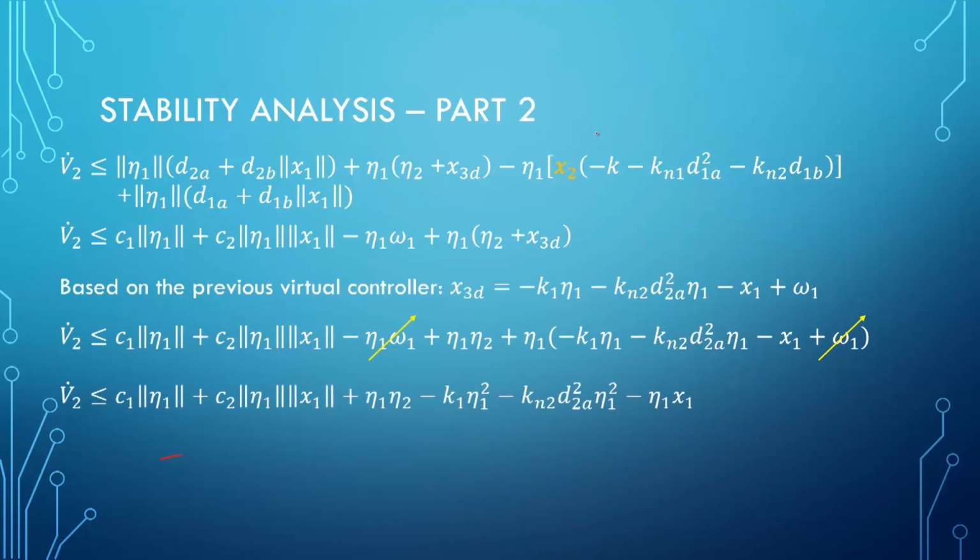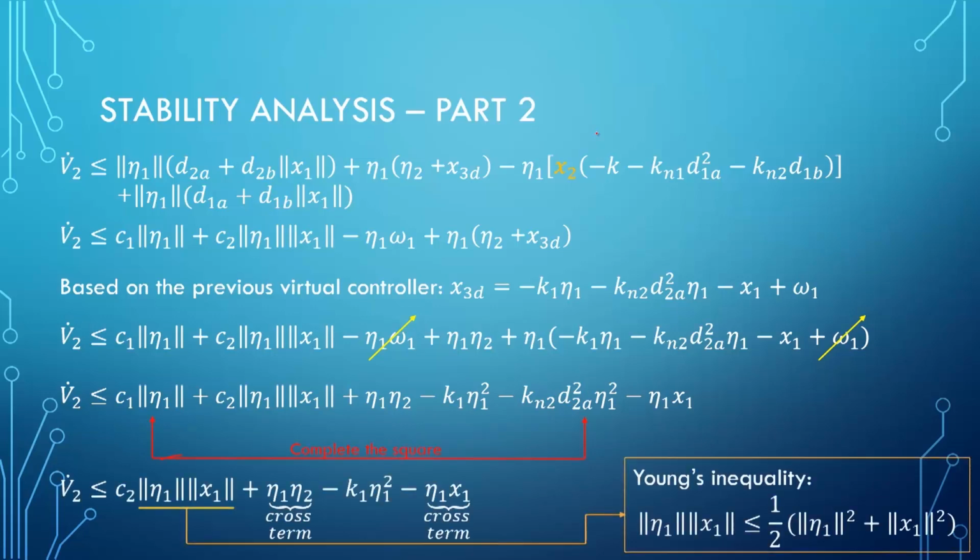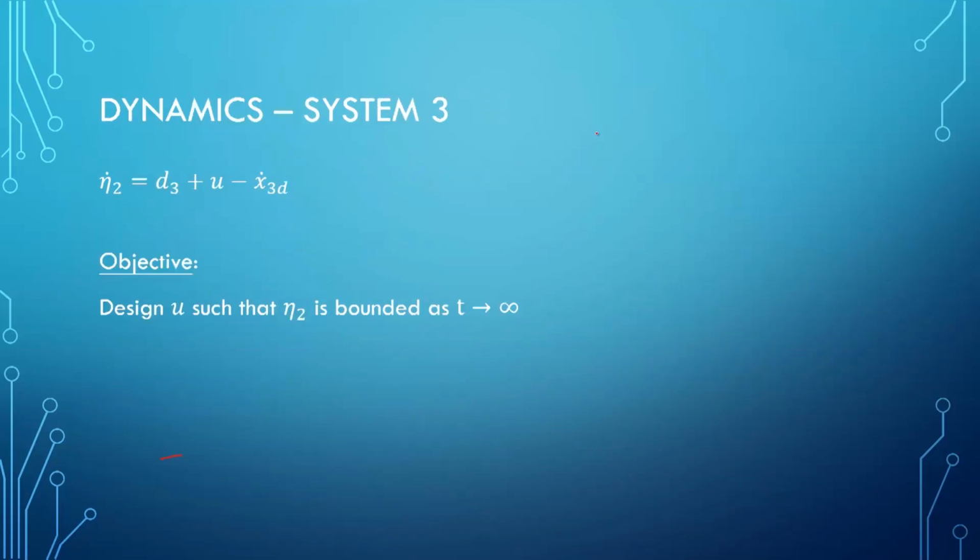And here there might be cross terms, so take care of them by completing the squares. And this one we upper bound by Young's inequality, and the square term goes to different systems, combined with good terms, eta 1 here. And system 3 follows the same procedure.